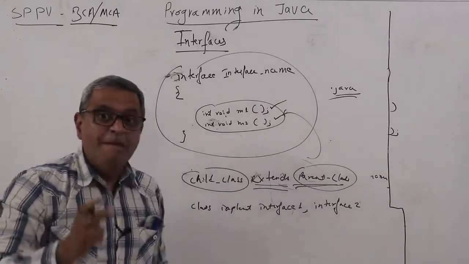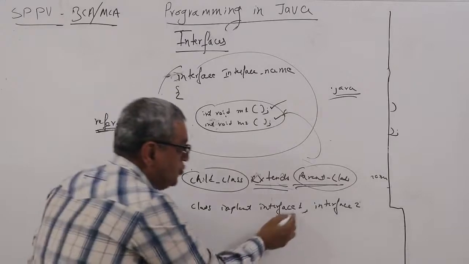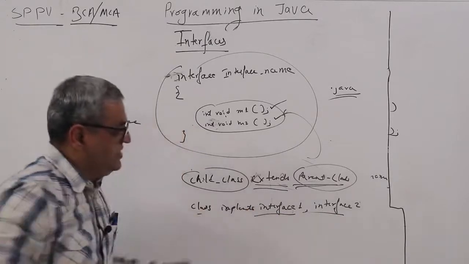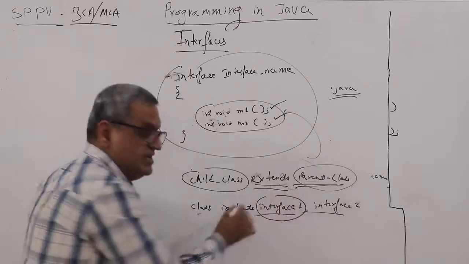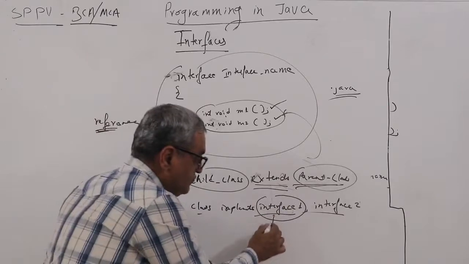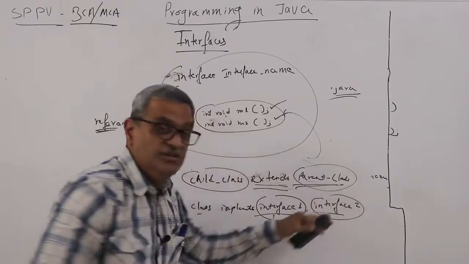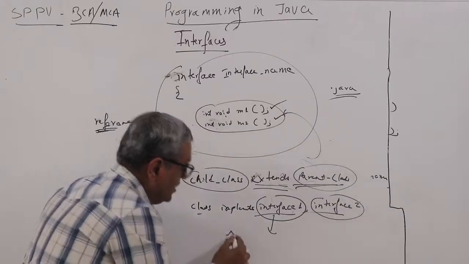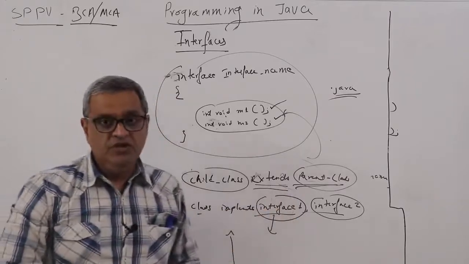So in fact multiple inheritance is possible through interfaces. Class implements interface 1, interface 2. Now whatever methods are declared in interface 1, and whatever methods are declared in interface 2, both together need to be detailed out in this particular class which implements them.